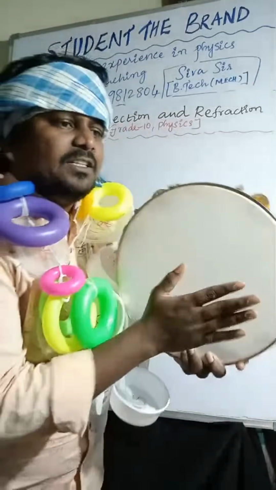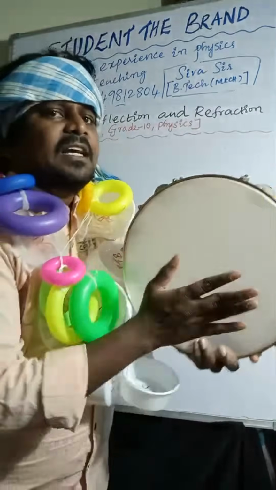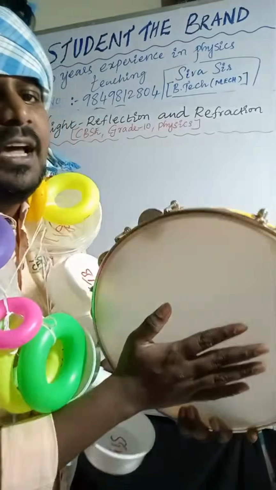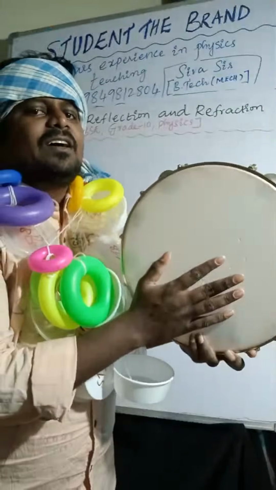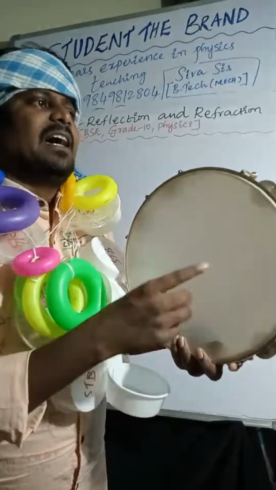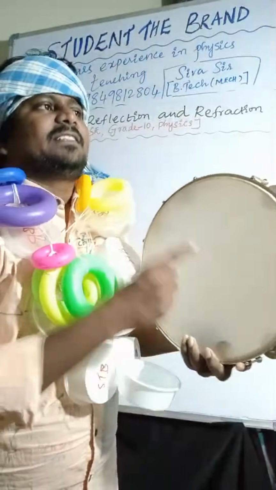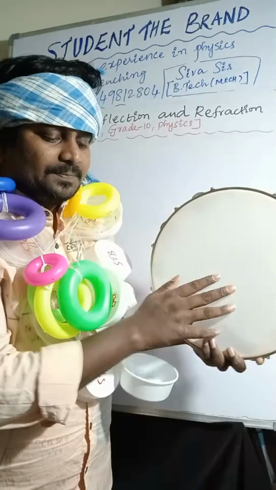Distances are positive along the incident ray and negative opposite to the incident ray. Distances are positive above the principal axis and negative below the principal axis.